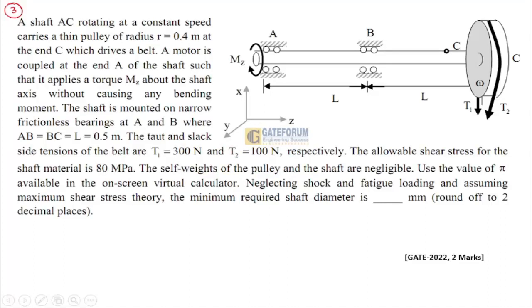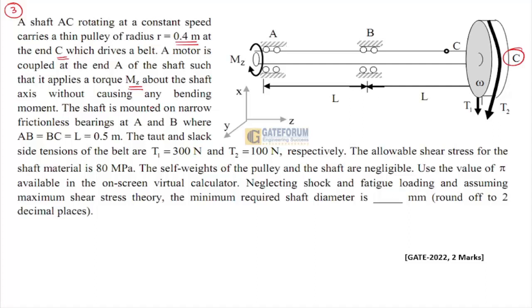A shaft AC rotates at a constant speed which carries a thin pulley with a radius of 0.4 meters at end C. It is driven by a motor and is coupled at the end A, which imparts a torque of Mz about the shaft axis without causing any bending moment.